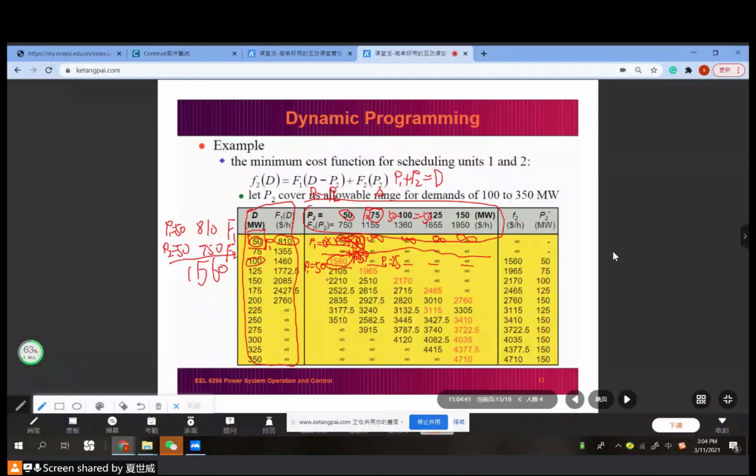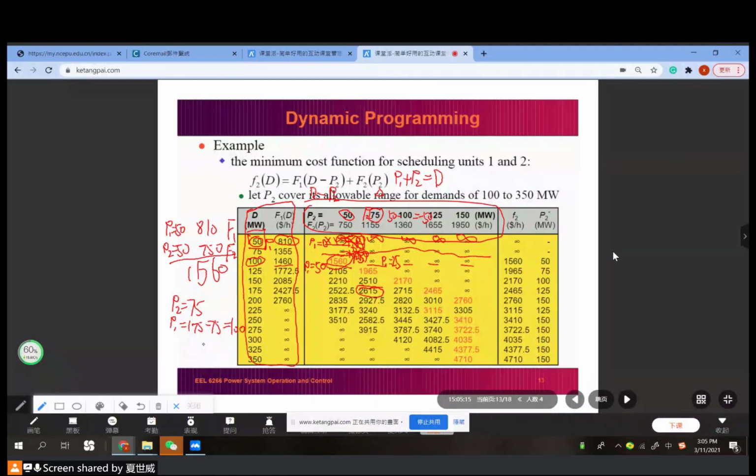Okay. Next, we randomly choose a number. Okay, this one maybe. This number means P2 equals 75, because in this column P2 equals 75. The total load is 175. So 100 is left for P1. When P1 equals 100, how much is the cost for P1?